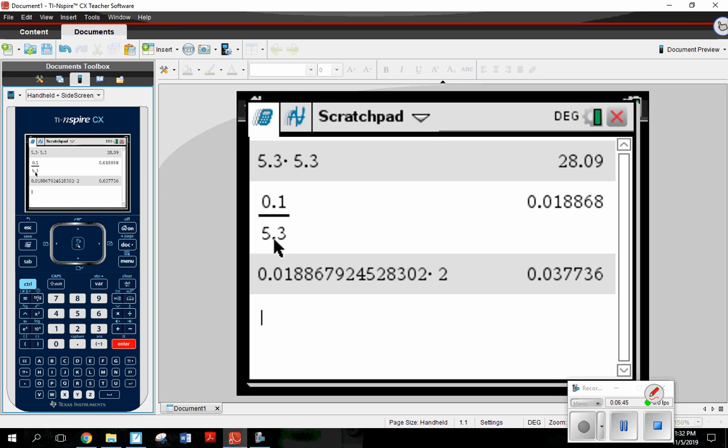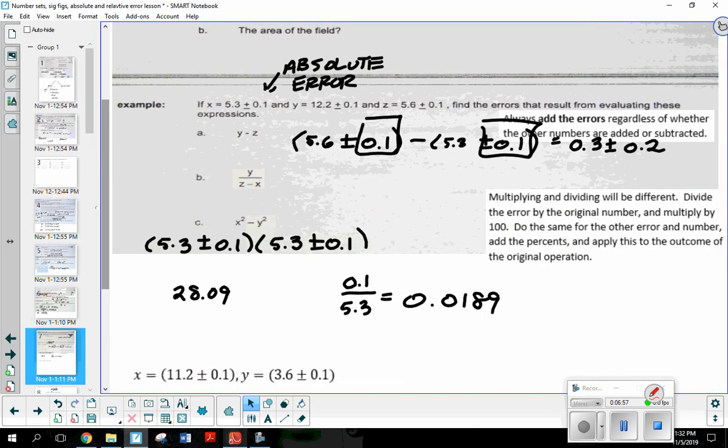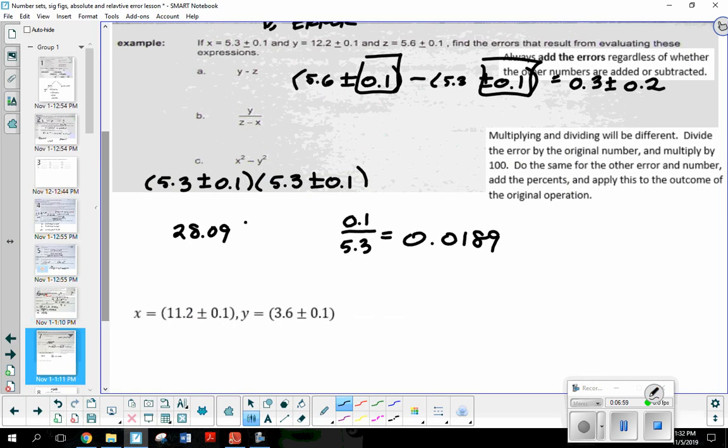I'm just going to leave it here because if I want to work with a percent, I need to make it the decimal value. So I'm just going to multiply this by the 28.09. Okay, so I'm getting 1.06. All right, and that is the error that I should have after performing the operation. So I got 28.09 plus or minus 1.06.